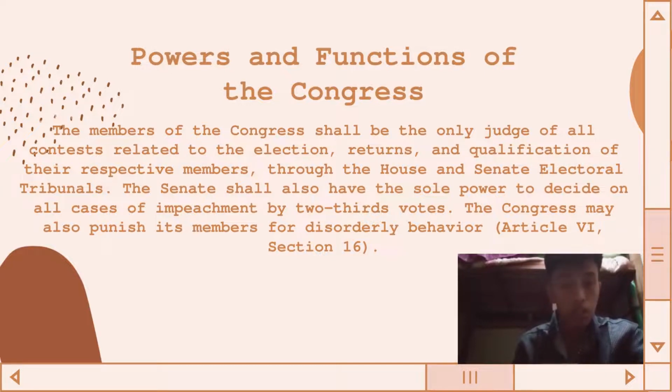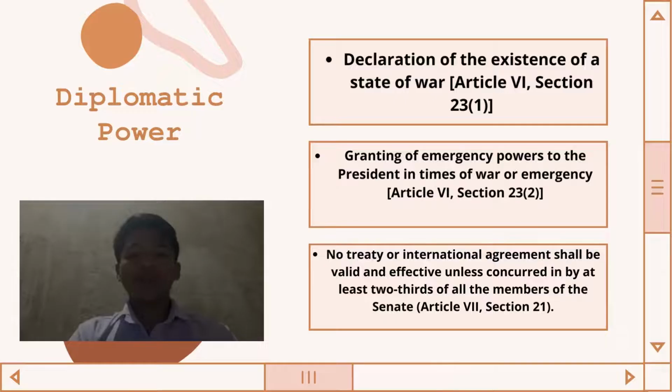Article 6, Section 16. With respect to international relations, the Congress also exercises functions known as diplomatic powers. The following are good examples. First is a declaration of the existence of a state of war in Article 6, Section 23, Paragraph 1.